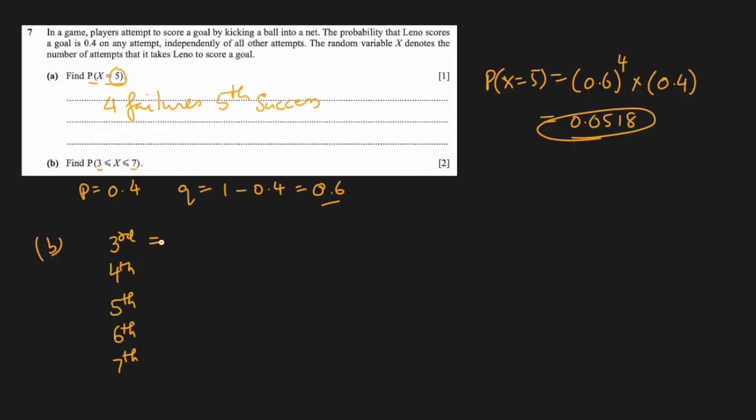So for the 3rd attempt, Leno fails in 2 attempts and is successful in the 3rd attempt. Similarly, he fails in 3 attempts and is successful in the 4th attempt, and similarly I will write for the others also.